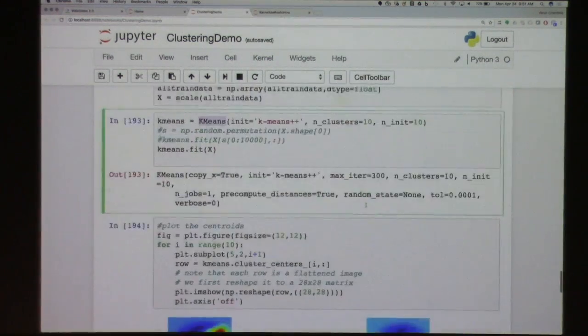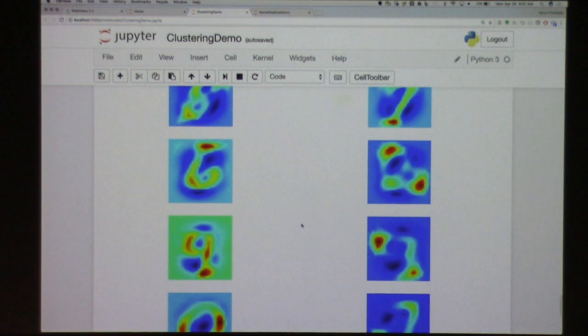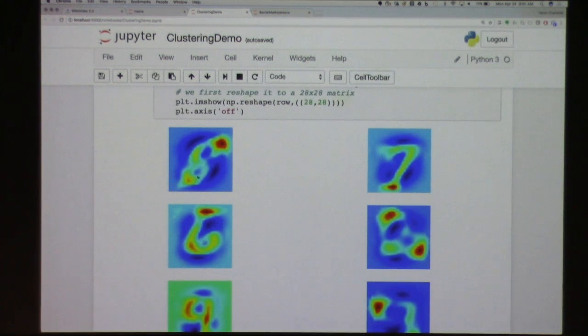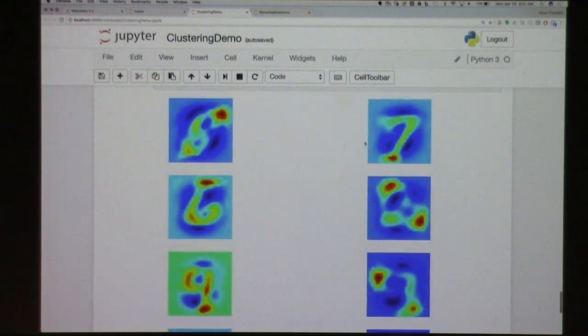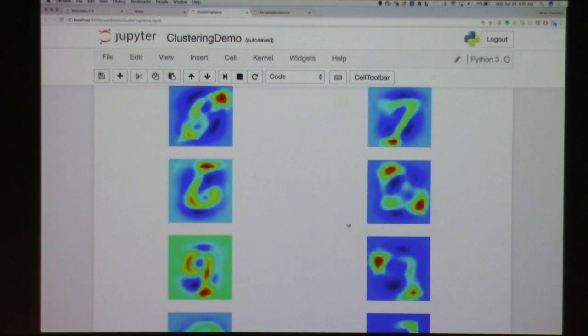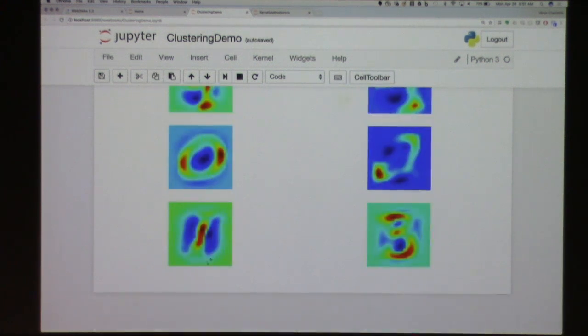Yeah, 10 clusters. So if you look at the centroids, which are vectors, I reshape them. You know how to do that. You'll see that each one of them kind of represents one of the digits, right? So these are clusters that represent 8, 7, 6, 9, and then it also messes things up. I think it was 2, 3, and so on, right?